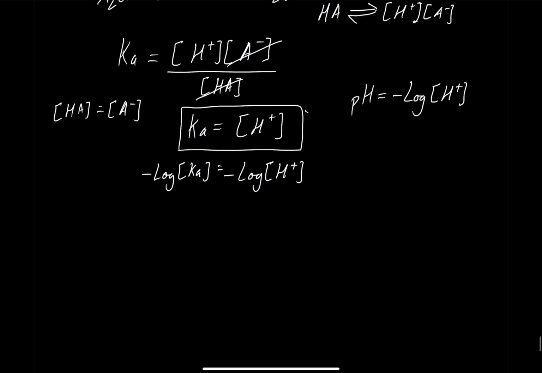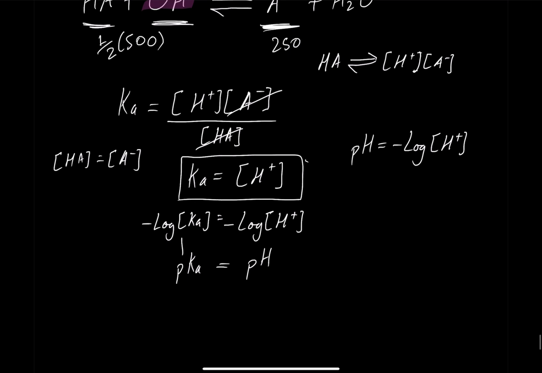So now I've just proved that pKa is equal to the pH. So this is why we say pKa is equal to pH, because at half neutralization, HA is equal to A minus. And if I do the minus log base 10 of your H plus concentration, which is what pH is, I do the exact same thing to the other side, to the Ka, because we know they're both the same thing. pH is equal to pKa, or pKa is equal to pH.